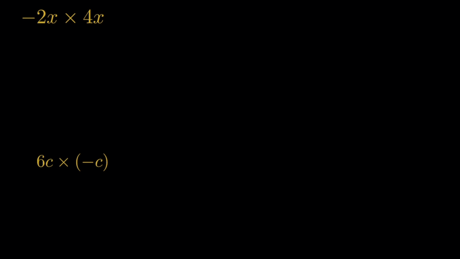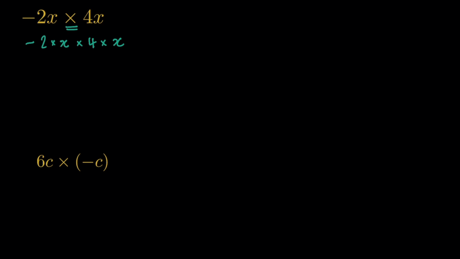First question, we have negative 2x times 4x. Negative 2x means negative 2 times x. Then we're timesing that by 4x, which is 4 times x. So if I were to rewrite this question, it would look like negative 2 times x, times 4 times x.